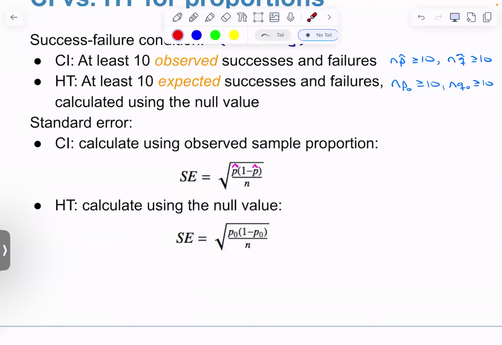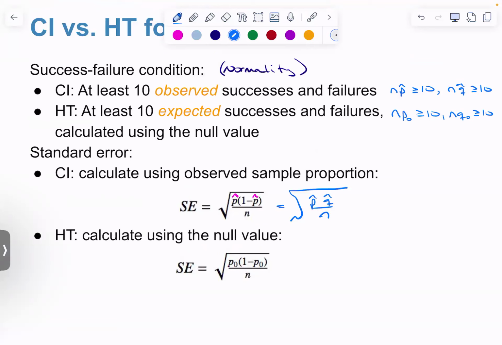And so in the square root, we have p hat and q hat over n. But q hat is just 1 minus p hat. Right, and so for a confidence interval, that's what we use to check our conditions.